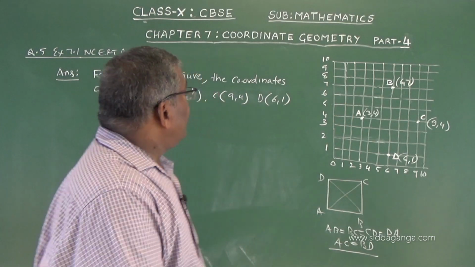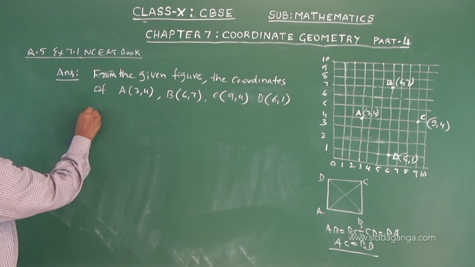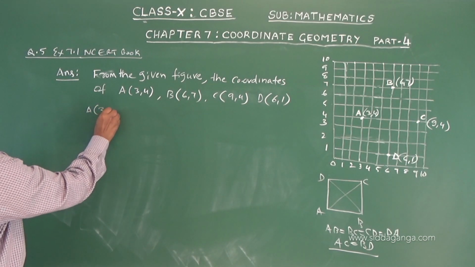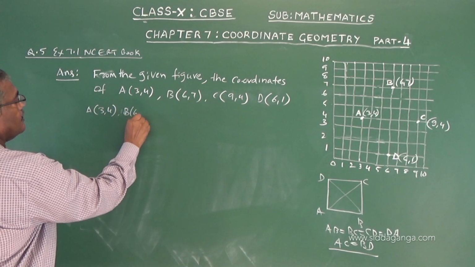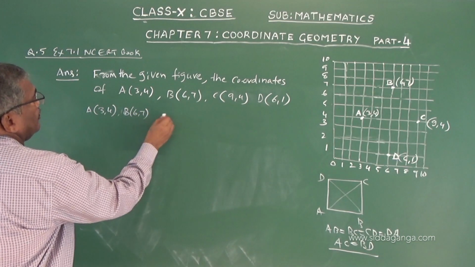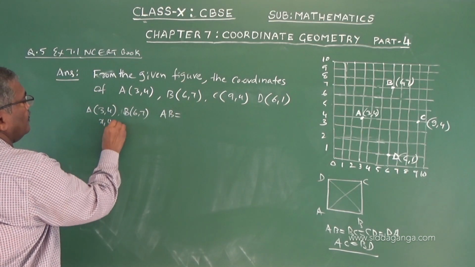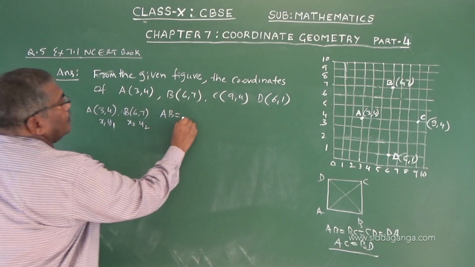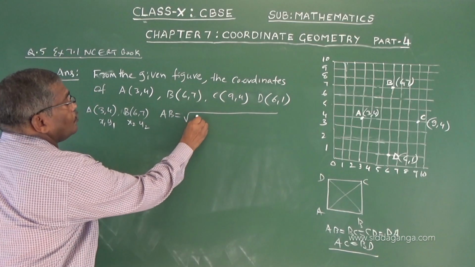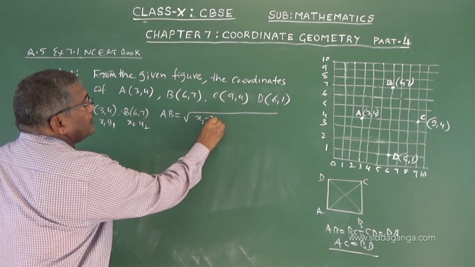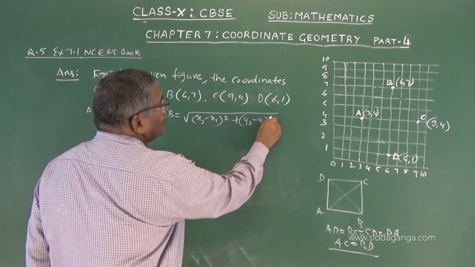So now we have to find all the four distances. First, we shall take up distance AB. A is (3, 4) and B is (6, 7). So AB, by the distance formula, with x1, y1, x2, y2, equals square root of (x2 minus x1) whole square plus (y2 minus y1) whole square.